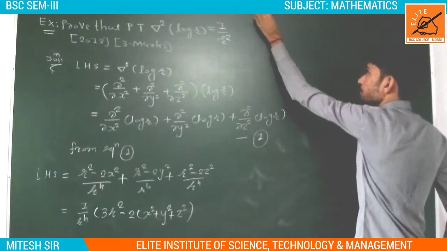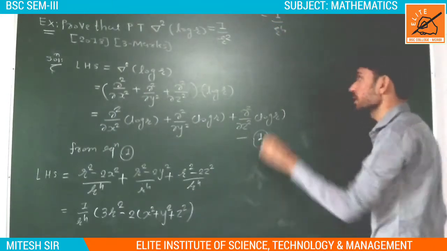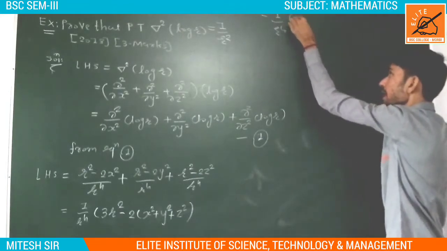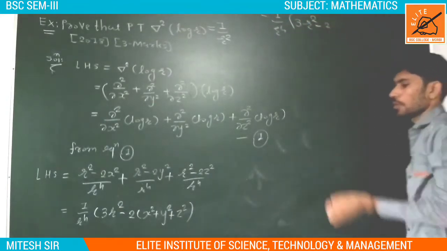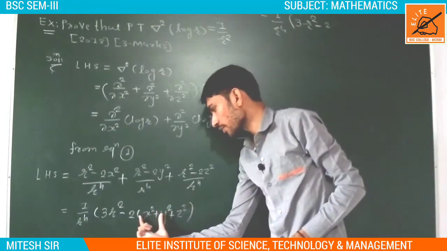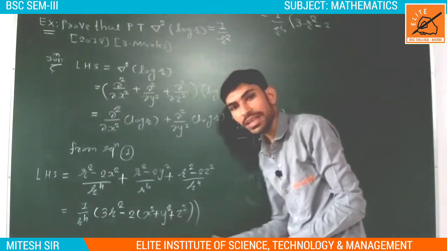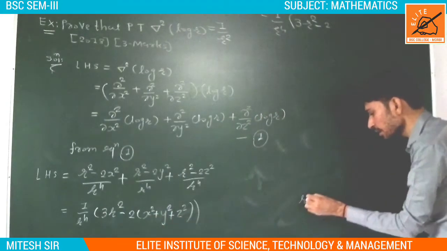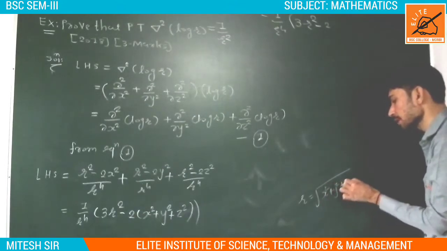is equal to 1 upon r raised to 4 as it is, 3r square as it is, minus 2. What is the answer of x square plus y square plus z square? X square plus y square plus z square is nothing but r square. As we know, our r is the under root of x square plus y square plus z square.